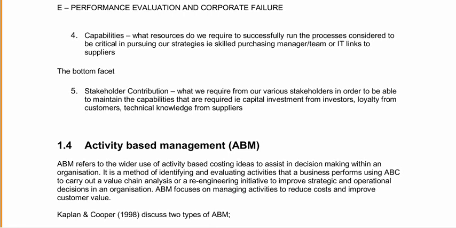And the bottom facet, this looks at what do we need back from our stakeholders in order for us to maintain the supporting facets, i.e., if we're going to need money, we're going to need capital investment from shareholders or banks. We're going to need loyalty from our customers.